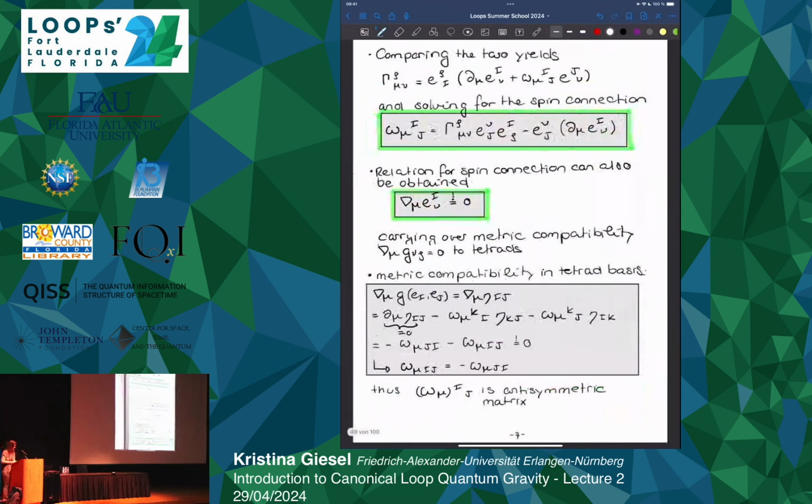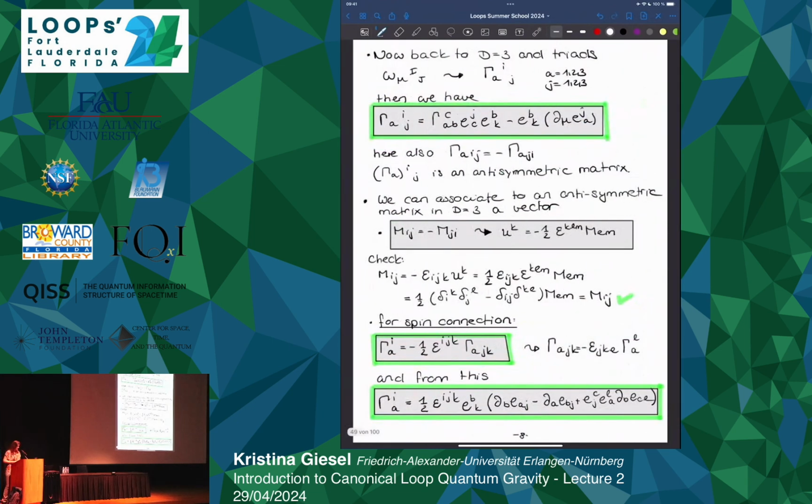From the relation we had here in 4 dimensions, we can carry this over to the 3-dimensional case and get a relation of the spin connection in terms of Christoffels and triads and its derivatives. Similarly, for the 3-dimensional case, it's also, of course, antisymmetric here in the internal indices, and therefore we can also understand gamma_a^ij as an antisymmetric matrix.